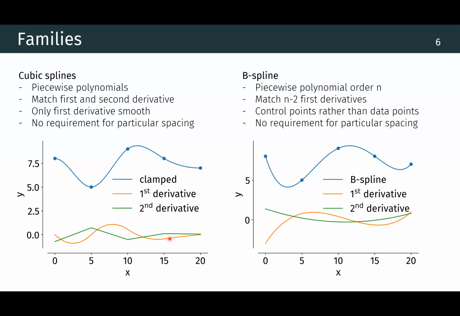Maybe in contrast to all these numerical integration schemes that we talked about, there is no requirement for the spacing of the points. In principle, these can be arbitrarily spaced. They don't have to be evenly spaced. There's just one thing you probably want to consider if you have very dense spacing.